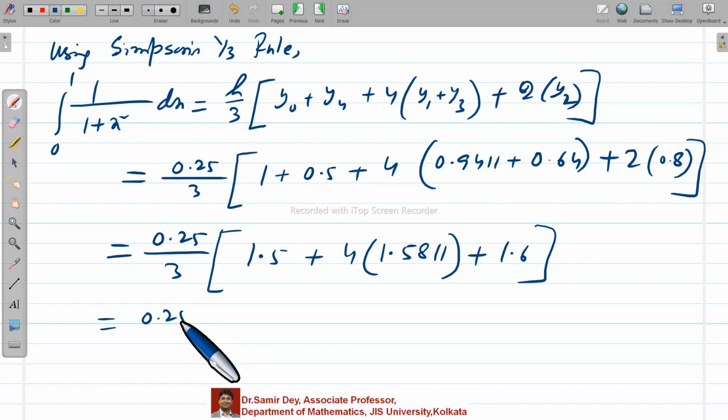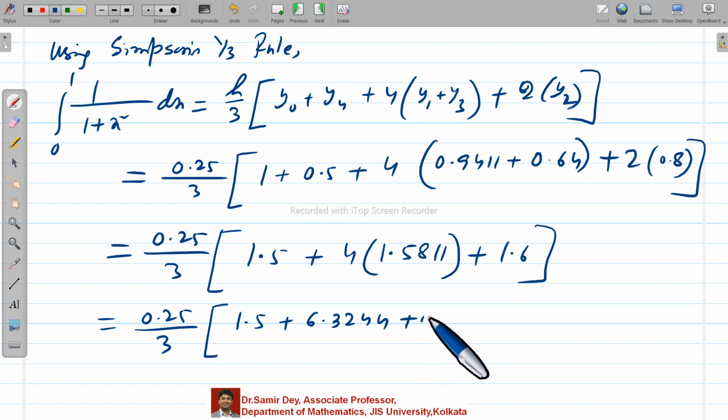So 0.25 by 3, it is 1.5 plus 4 into 1.5811, it is coming 6.3244, plus 1.6.